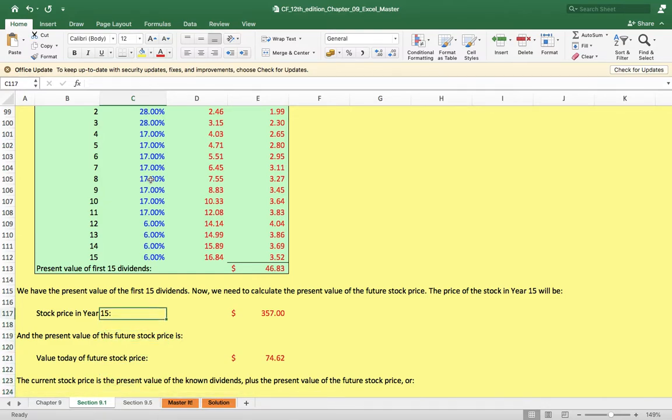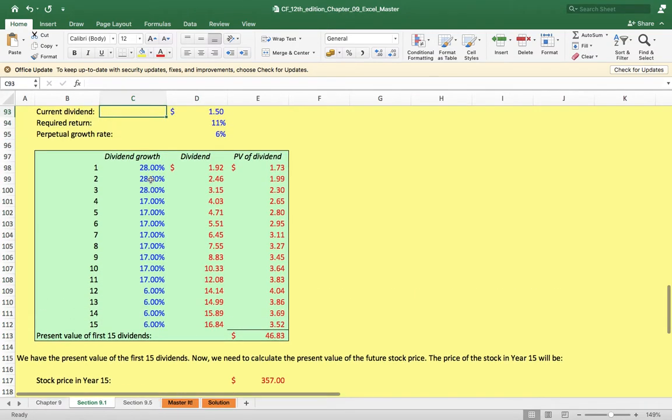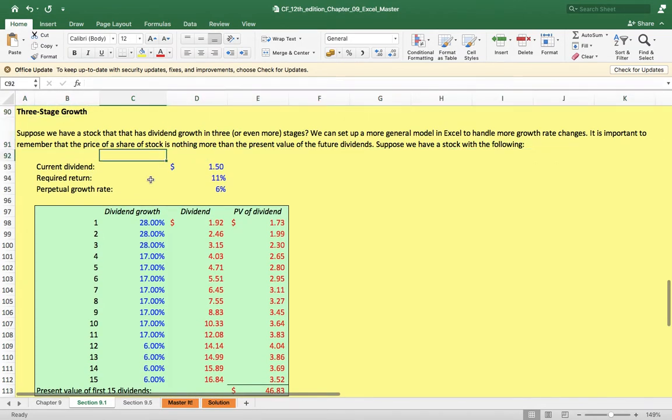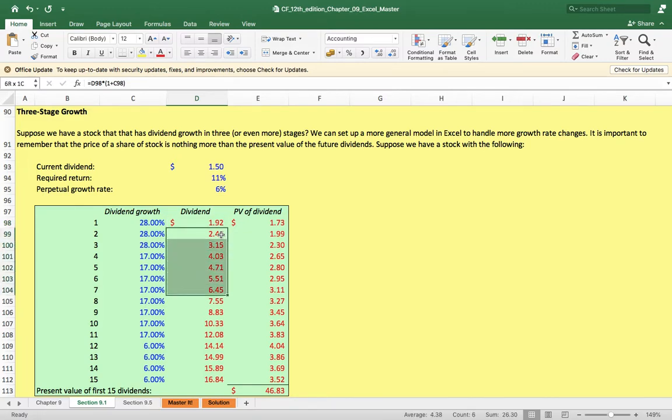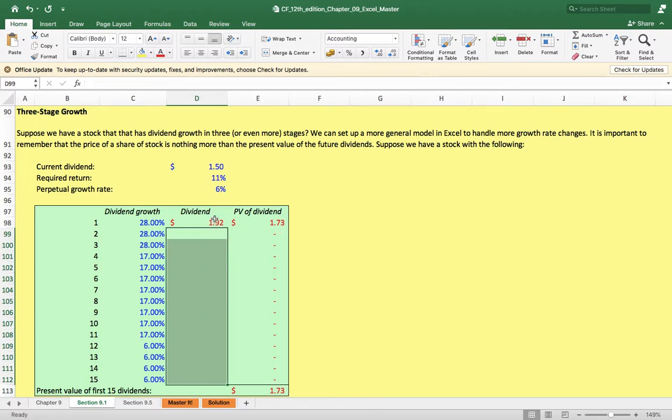How will we do that? Very simple. As per the cash flow method, manually it might take a lot of time, but electronically, in spreadsheet programming, it becomes not that difficult. How? Current dividend D0 is 1.5. Then we will calculate D1. D1 is equal to D0 times 1 plus growth. Then, for example, how will we calculate D2?